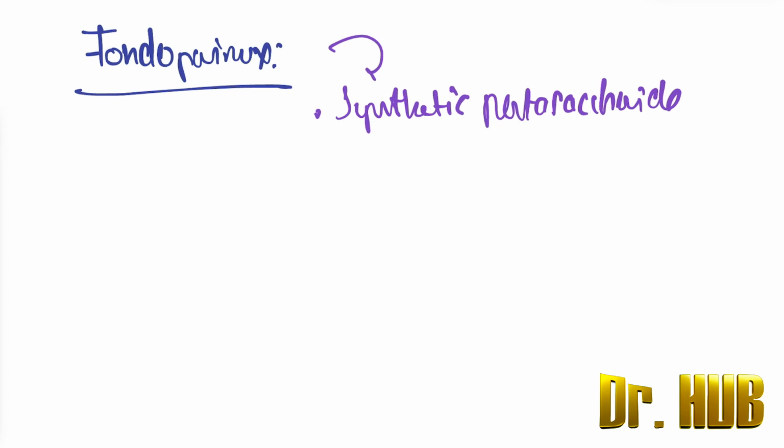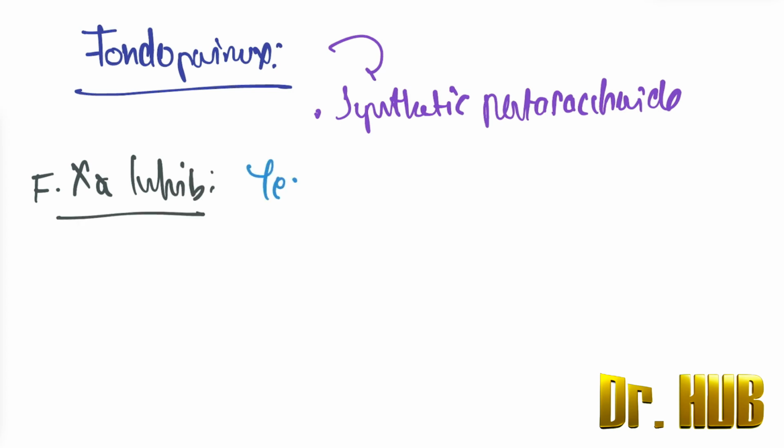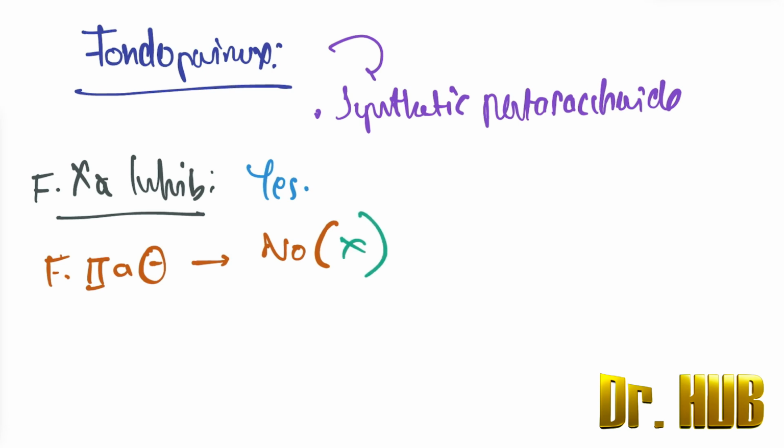Next, how is the factor XA inhibition? The answer is yes. And what about the factor 2A inhibition? The answer is no. The pentasaccharide has no function on the factor 2A, so there is no relation with the factor 2A.